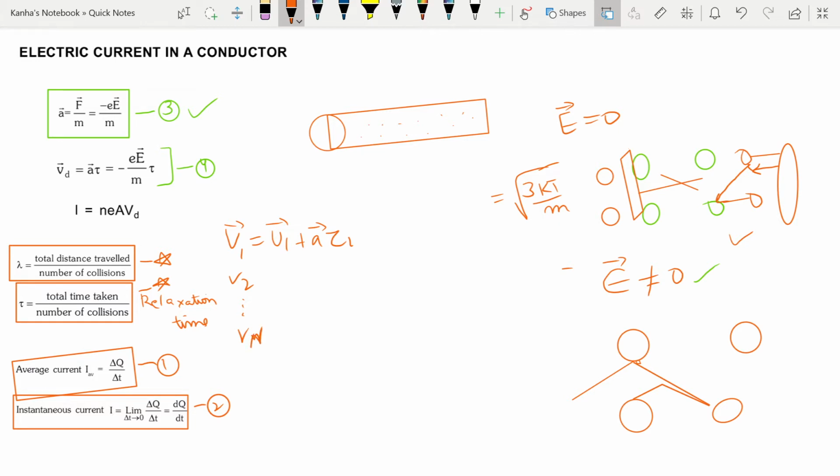Now if I try to calculate the drift velocity, drift velocity is basically the average of all these velocities.